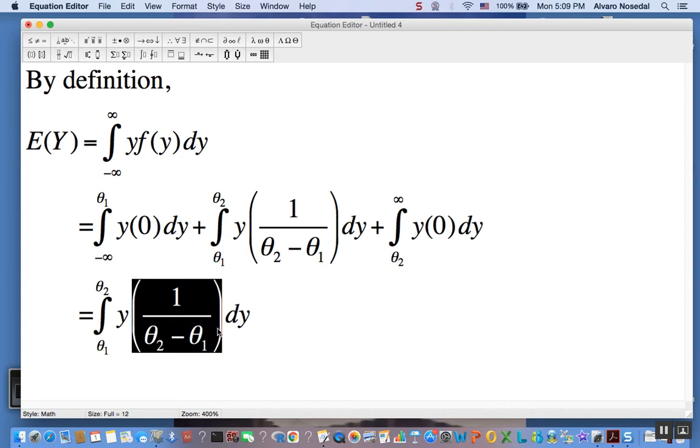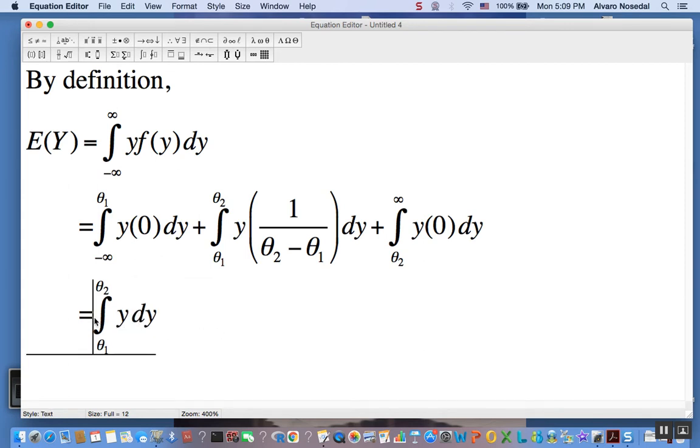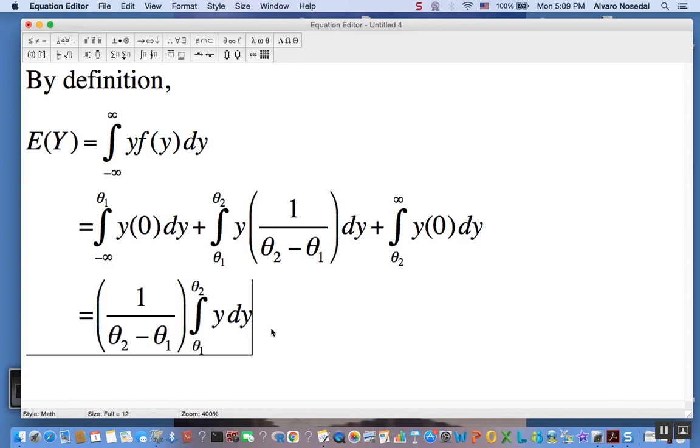So let me just factor that out. Now, this is the integral of y with respect to y. That is going to be just y squared divided by 2. And we have to evaluate at theta 2 minus the evaluation at theta 1.